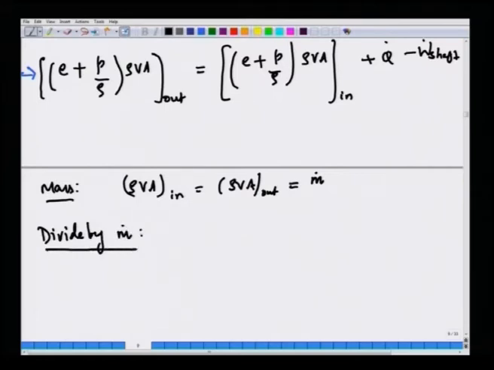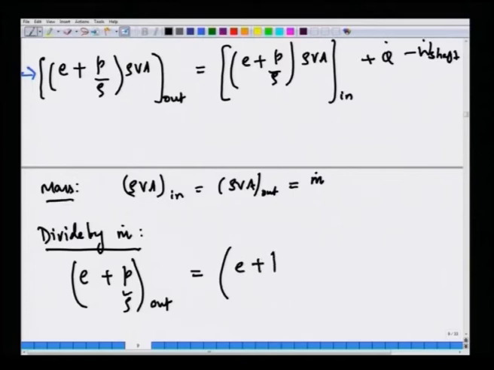throughout to give E plus P by rho at outlet is E plus P by rho at inlet plus small q, which is essentially q dot by m dot, minus small w shaft, which is essentially w dot shaft by m dot.